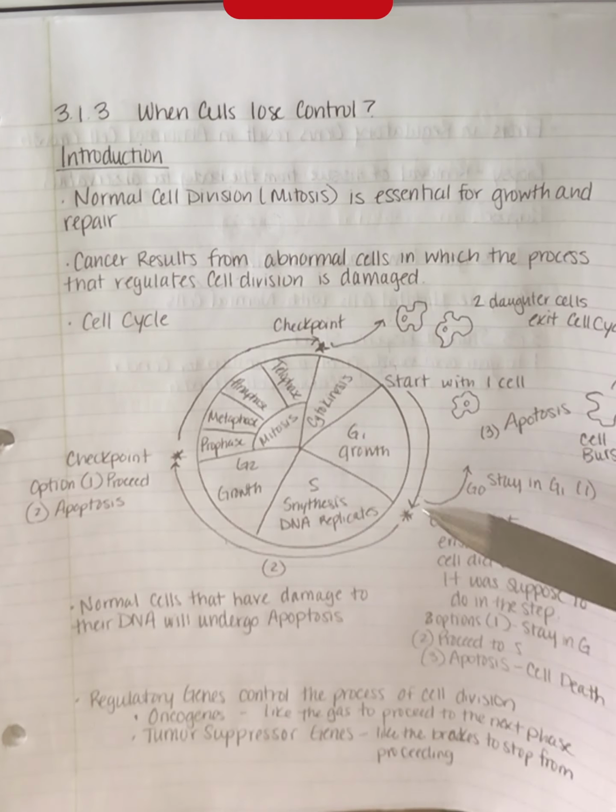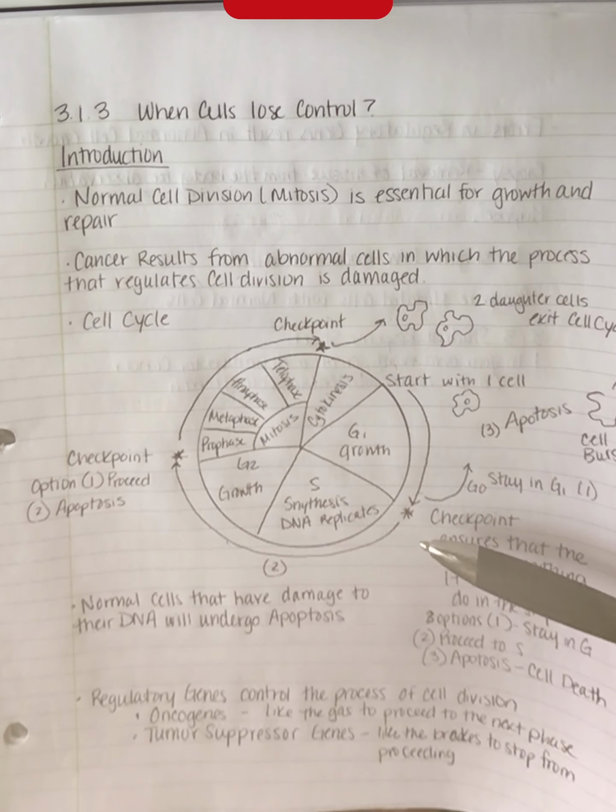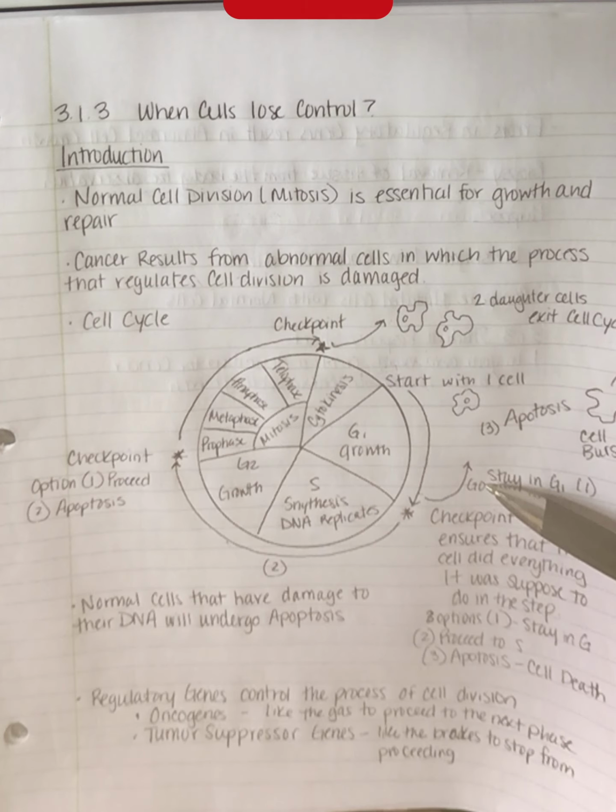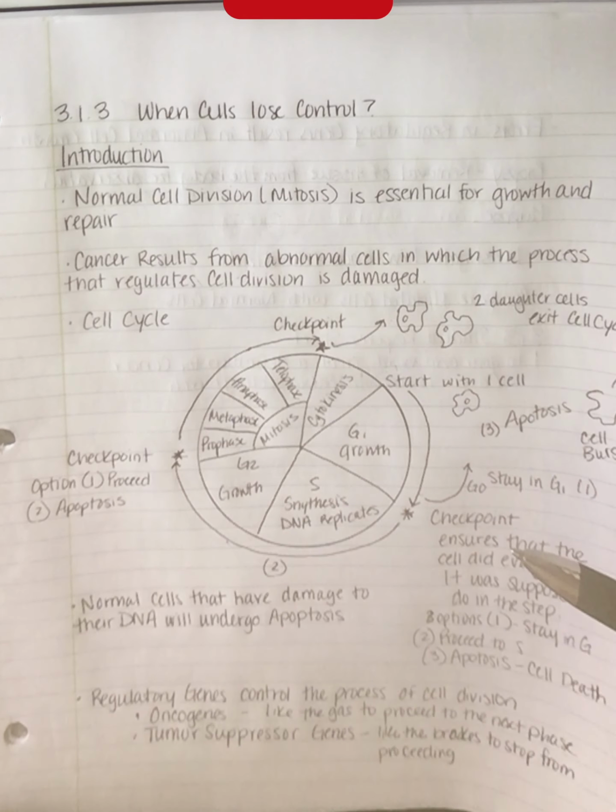But there are some times when it gets to this checkpoint and it realizes that not everything was done. In those cases, it can do one of 2 things. It can go through what we call G0, which is basically a stage where the cell is arrested and it just stays there waiting for the cell to complete everything in G1 and then give the signal to go ahead. Or in some rare cases, there's cells in your body, like your nerve cells and heart muscle cells, that stay permanently in G0 for the rest of your life.